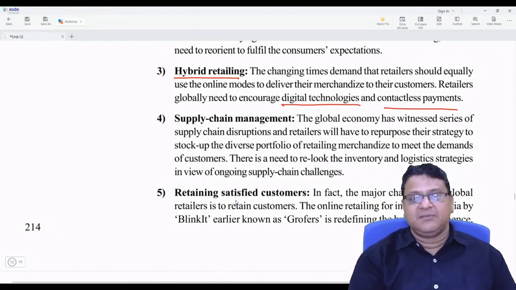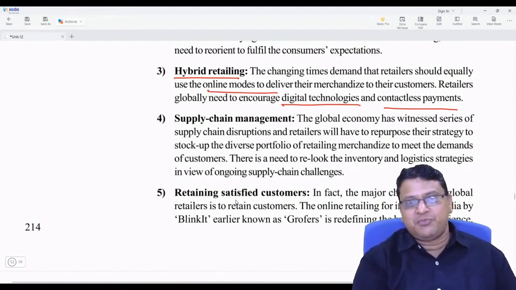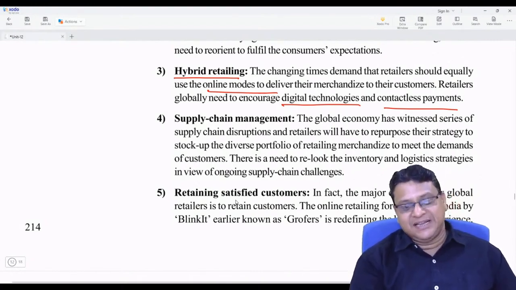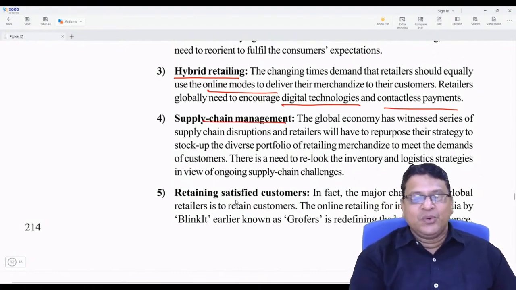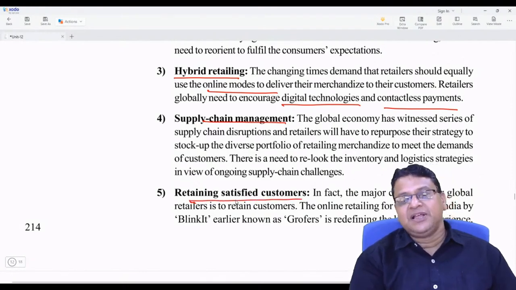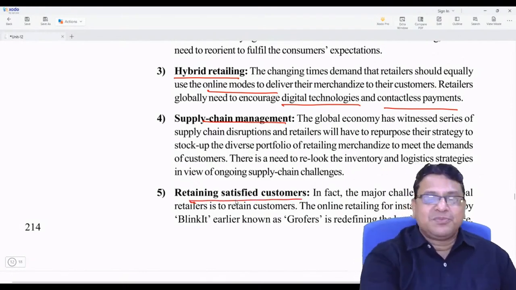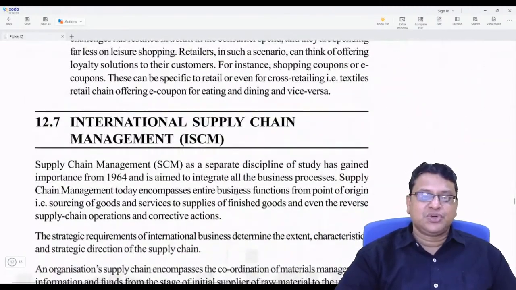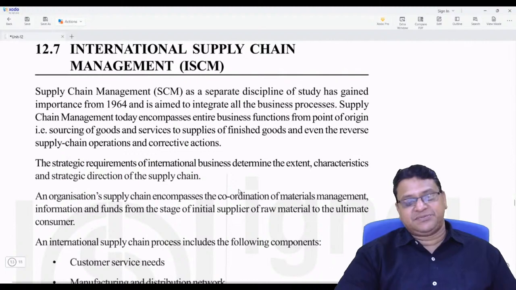Online plus offline mode of retailing, the combination of online and offline mode of retailing, is known as hybrid retailing. Then we have to go for supply chain management, and we have to retain satisfied customers. Once the customer is satisfied, we have to retain them. These are certain issues of international retail management.